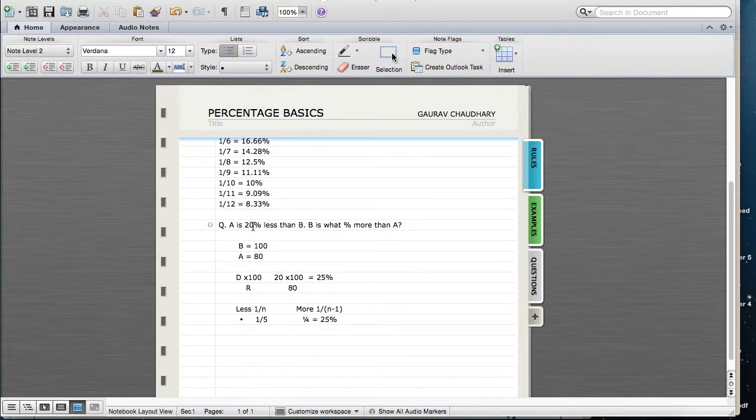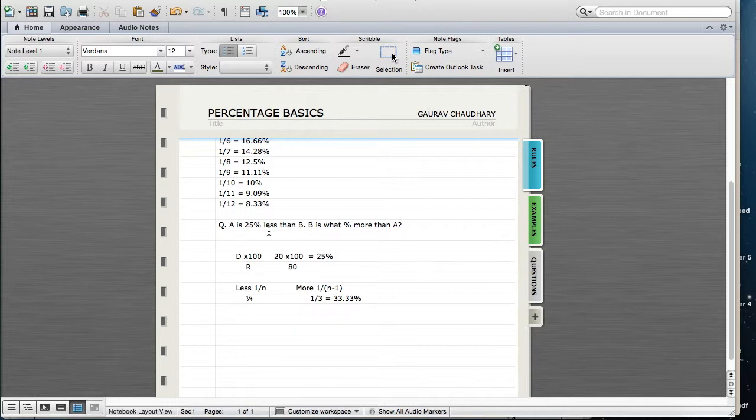Let's change our question. Suppose A is 25% less than B and we have to find B is what percent more than A. 25% is equal to 1 upon 4. So the answer has to be 1 upon 4 minus 1, which is 1 upon 3, which is equal to 33.33%.